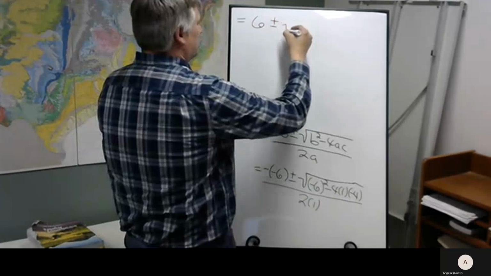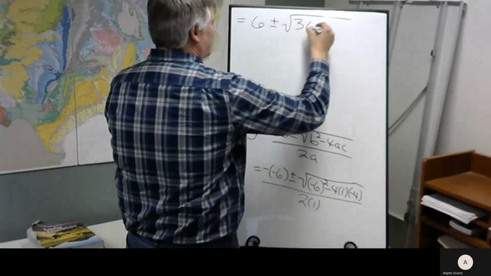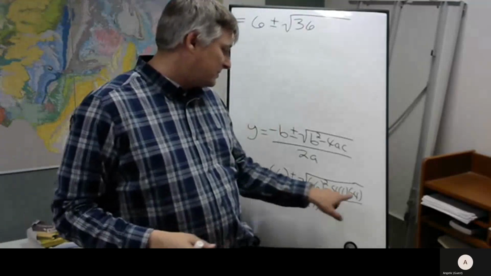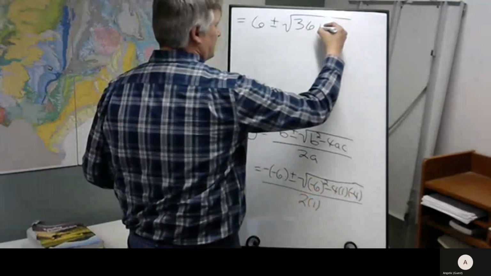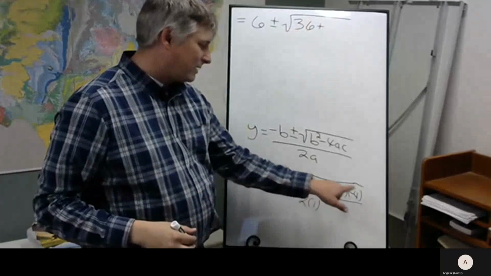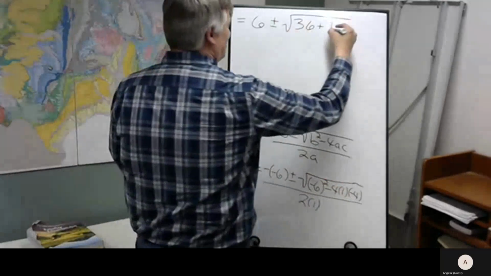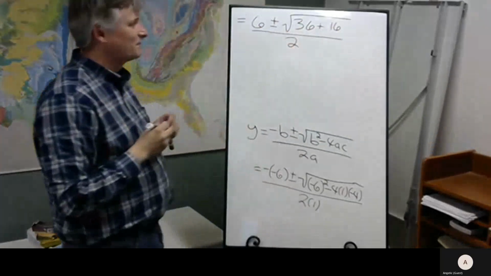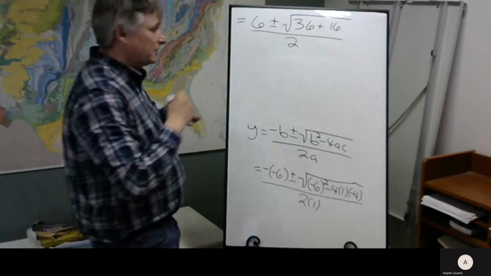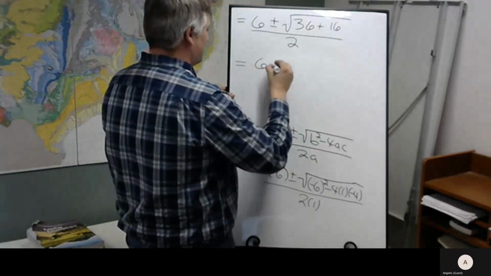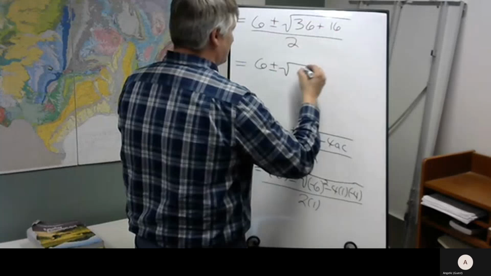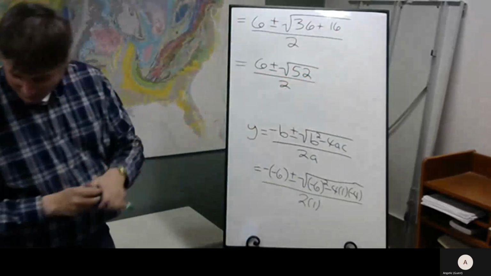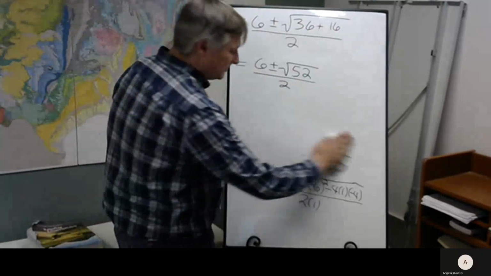And then we're going to have the square root of 36, because -6 times -6 is 36. Negative times negative is positive. So 4 times 1 times 4 is 16. And then we have that divided by 2. So continuing on with our simplification, this will be 52 over 2. So we got to take the square root of 52.